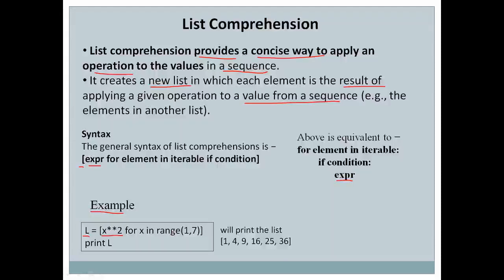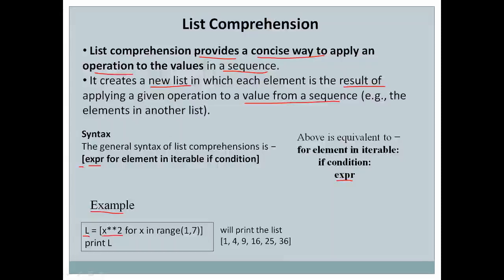So the result of this for loop, or the value of the expression, is the value which is generated in the for loop. So initially 1 will be the value of x, and that will be the value of expression x here.